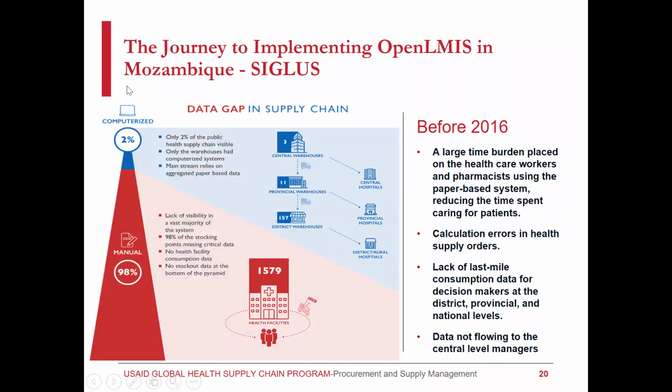Yes, in this picture, we try to show how our supply chain was before the implementation of OpenLMIS. As you can see, in this pyramid, the blue color shows the computerized area, and only 2% of the public health supply chain is visible. Only the warehouses had a computerized system. Like you see, we have here 3 central warehouses, provincial warehouses, district warehouses. In the central warehouse, we use a system called MAX, that is a warehouse management system.